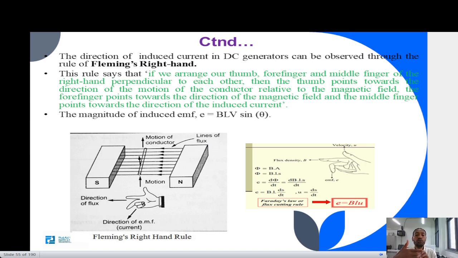Obviously the induced voltage will point towards me. So that is how it works. The direction is determined by Fleming's right-hand rule.